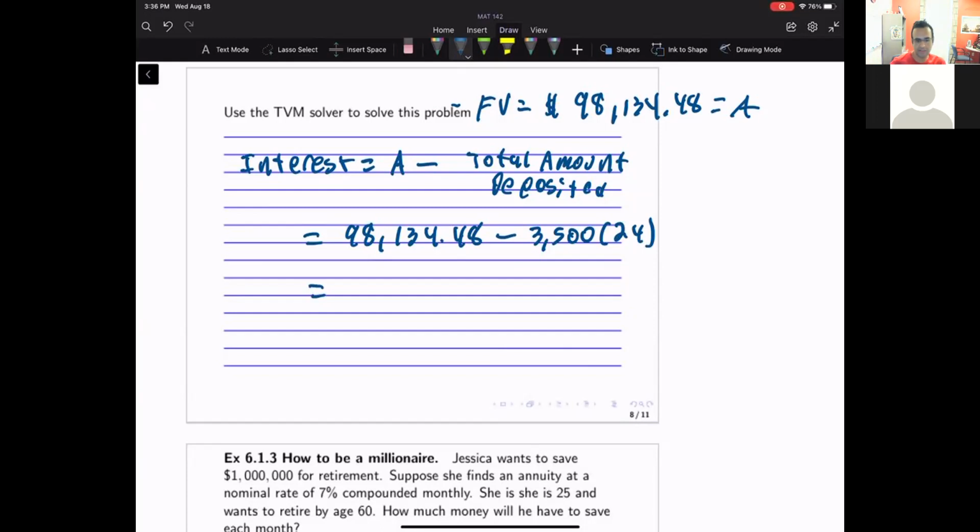So then we just compute that. Then that works out to be 40,134.48.